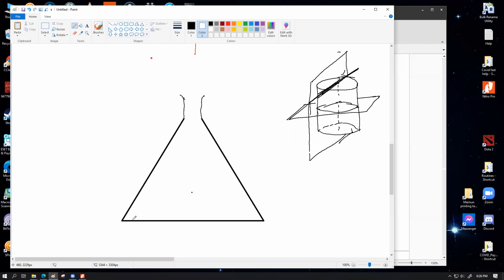Because it tells us that if we start to pour an equal volume of liquid into the conical flask, the closer to the bottom the liquid falls, the less height it is going to gain.